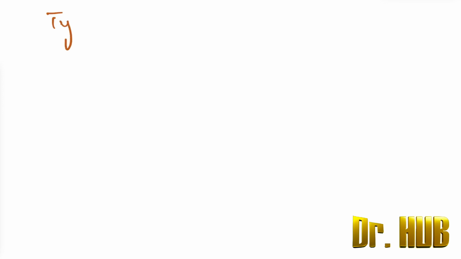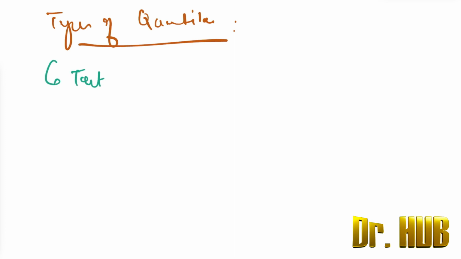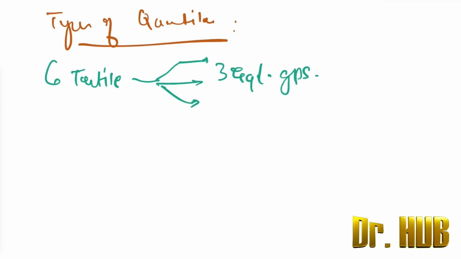Now let's focus on the types of quantiles. Tertiles divide the distribution into three equal groups. Quartiles divide it into four equal parts.